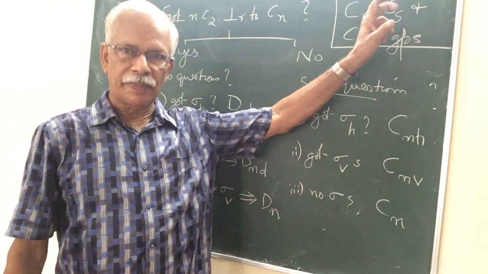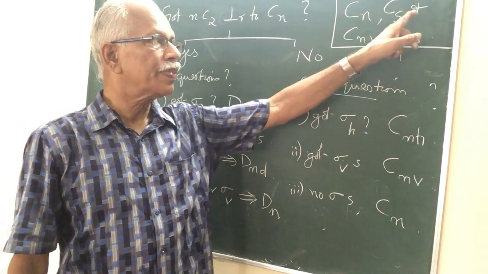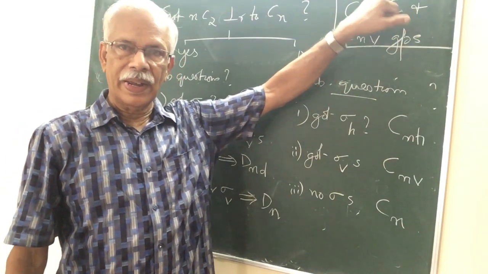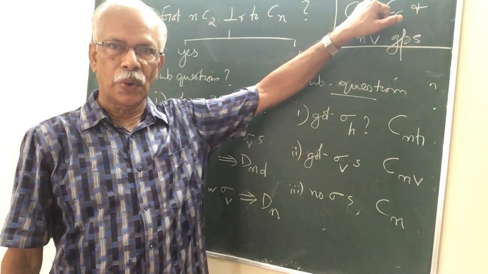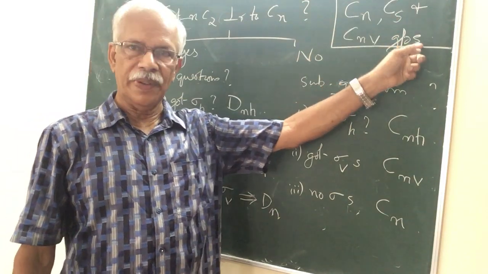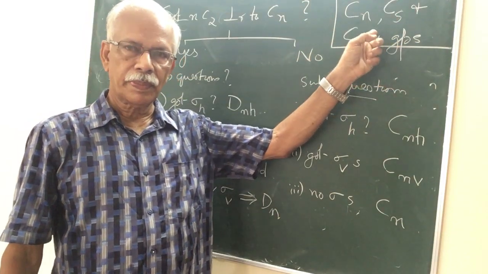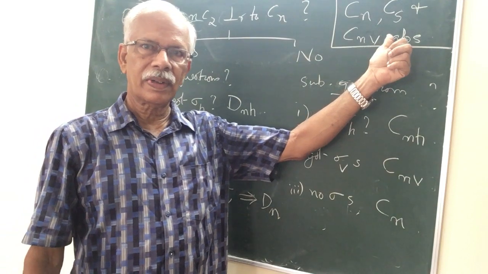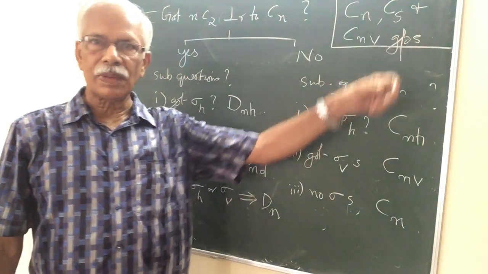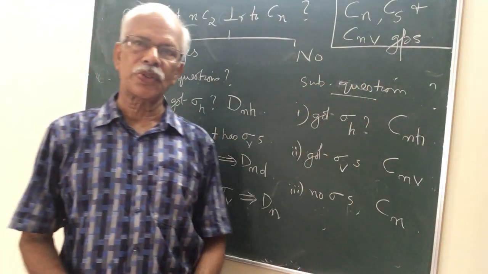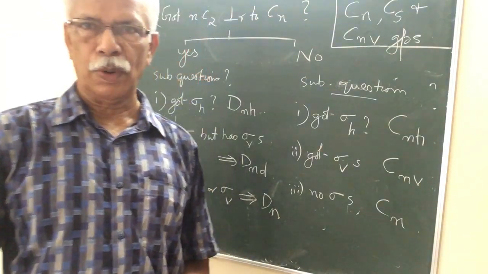Cs group having a plane of symmetry alone, Cn having an axis of symmetry alone, and Cnv a proper axis and n sigma v's. Only these molecules can have permanent dipole moment.